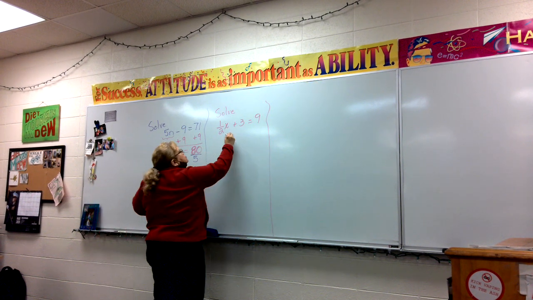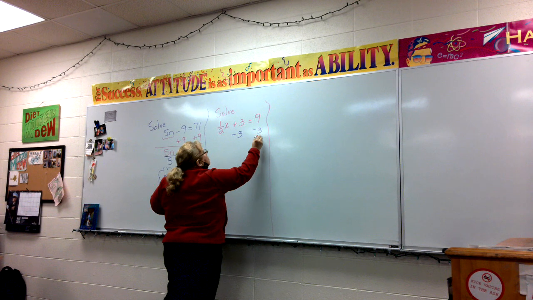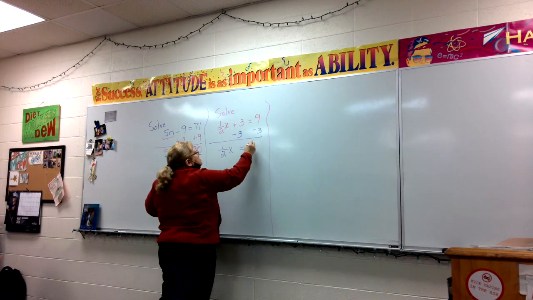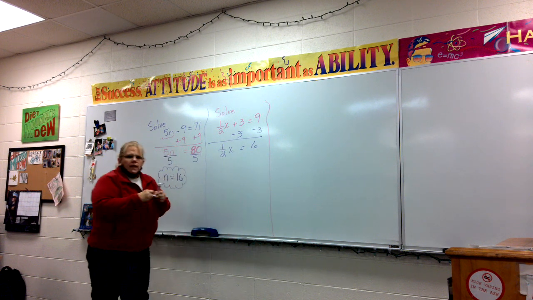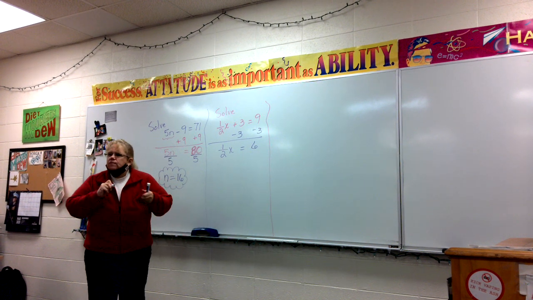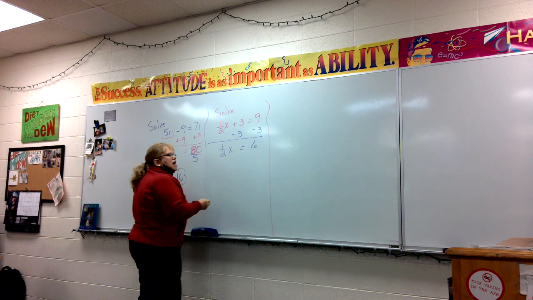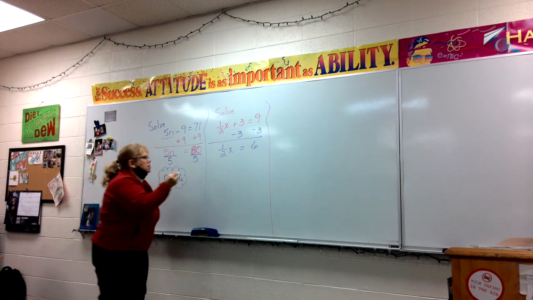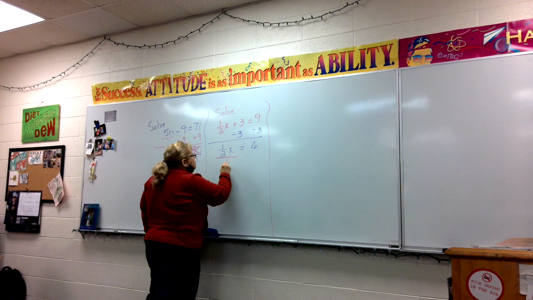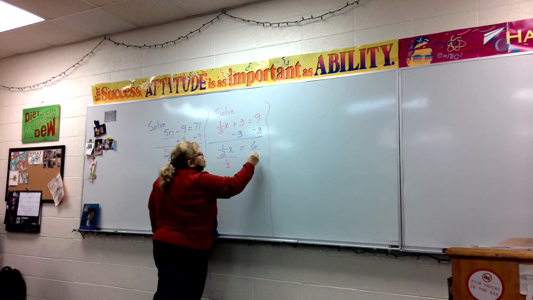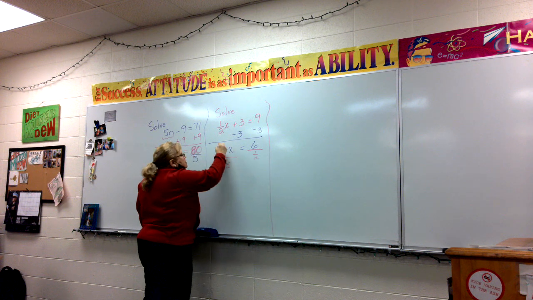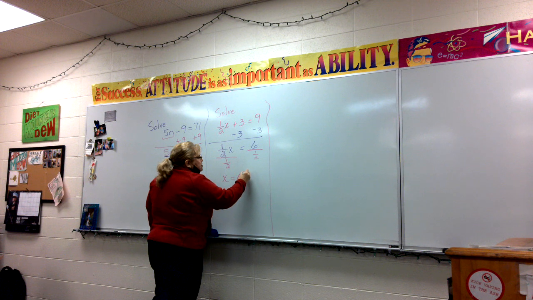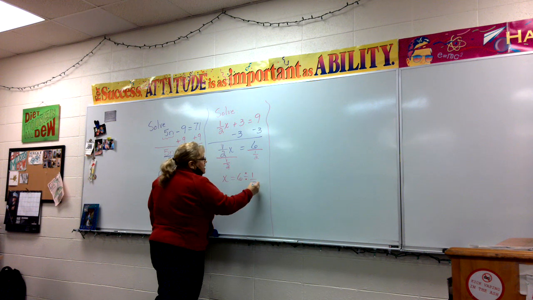Minus 3. And so I have 1/2 x equals 6. 1/2 times x. How do I get rid of a 1/2 times? Divide by 1/2. That cancels, and I get x equals 6 divided by 1/2.